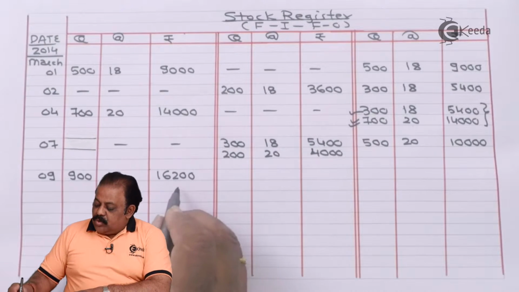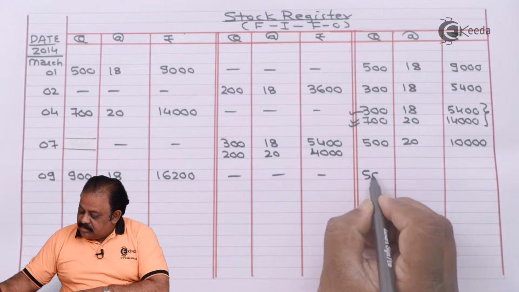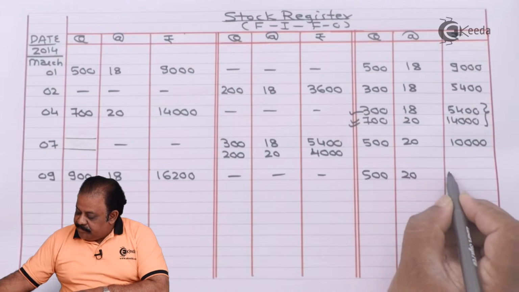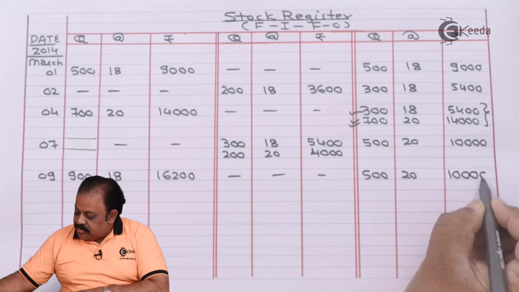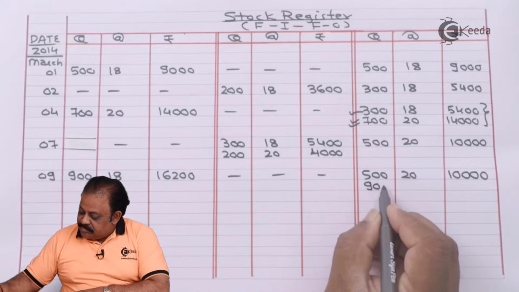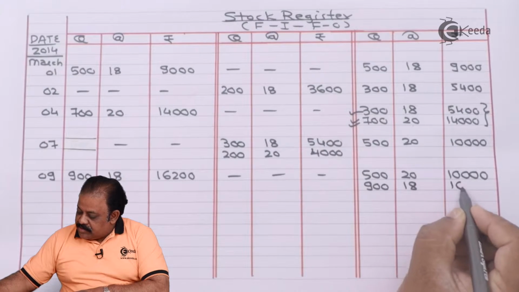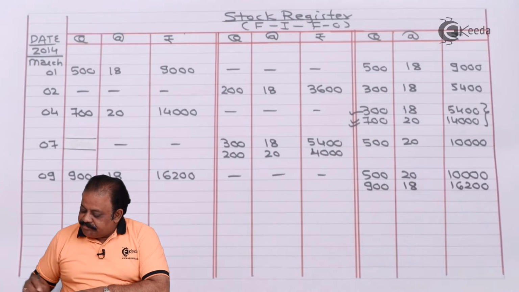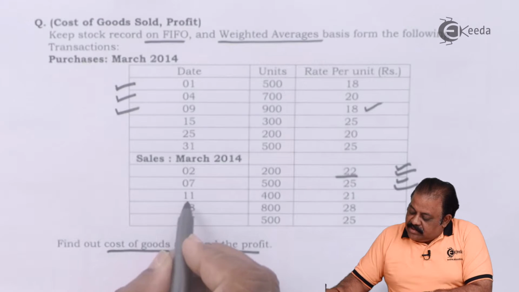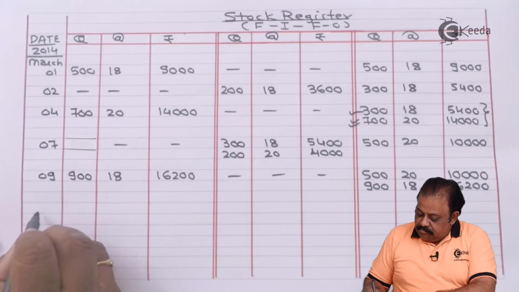It is 16,200. We have old stock 500 units at the rate of 20. Amount is 10,000. Fresh purchase 900 units at the rate of 18, 16,200. On 11th, there is sale of 400 units at the rate of 21.